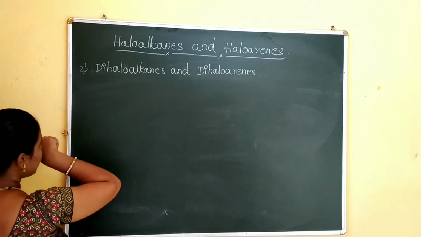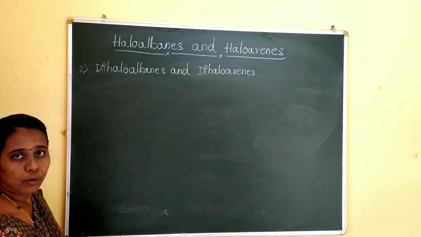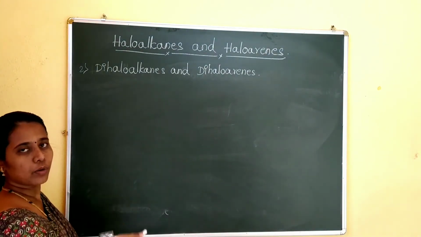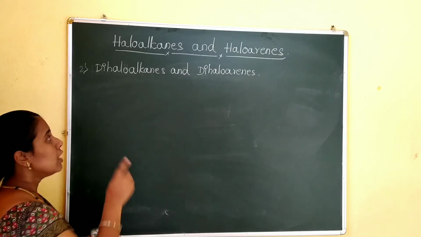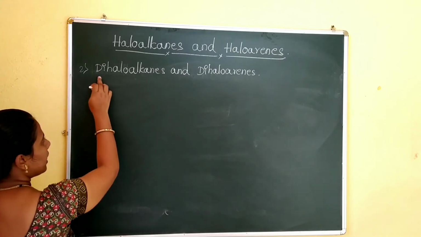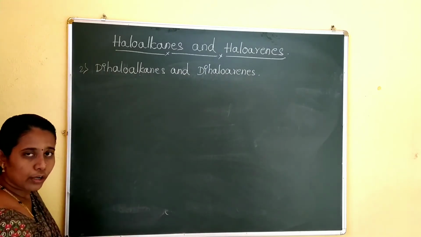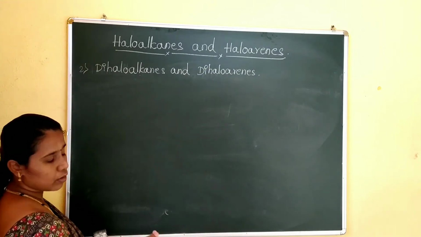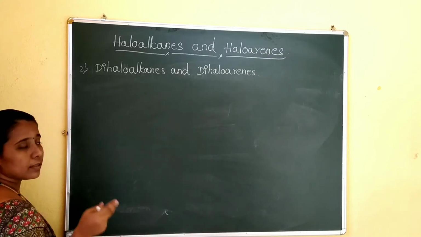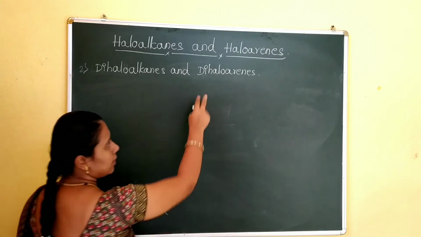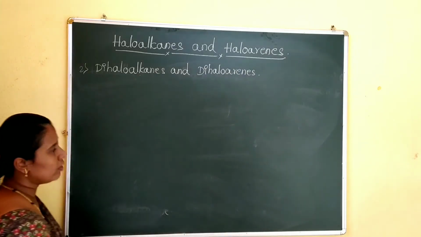See here, in this case, two hydrogen atoms of the aliphatic hydrocarbon are replaced by two halogen atoms, then they are called dihaloalkanes. If two hydrogen atoms of the aromatic hydrocarbons are replaced by two halogen atoms, then they become dihaloarenes.